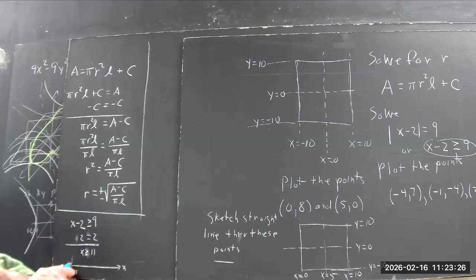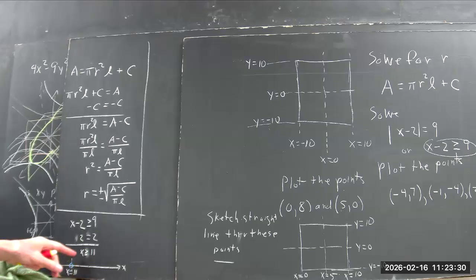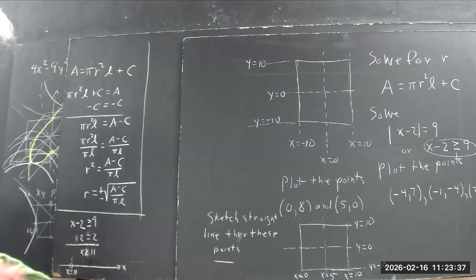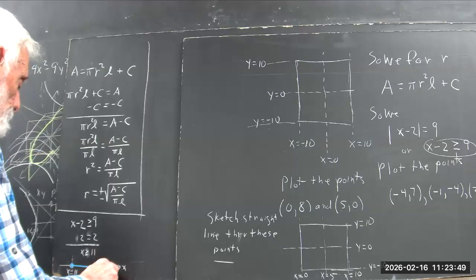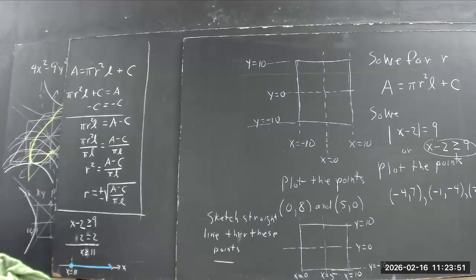We put a circle around that point because that's where the solution starts. Now, the solution is x greater than or equal to 11, so I'm going to fill in that dot, so that 11 is included, then I draw everything to the right. Hopefully that makes sense. It's a fairly simple inequality.